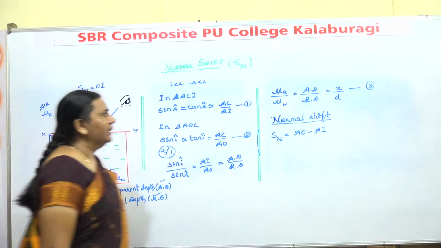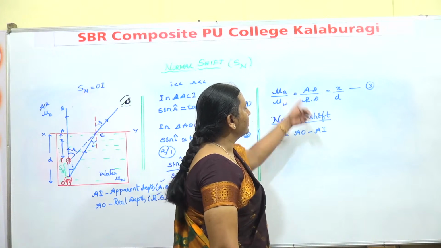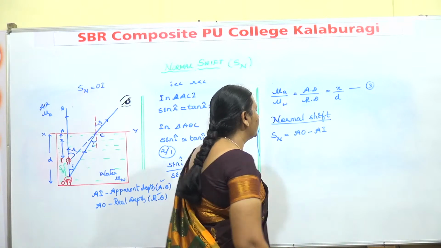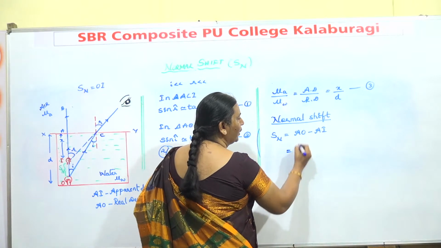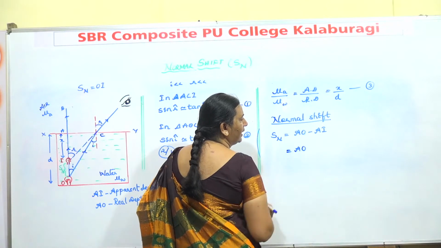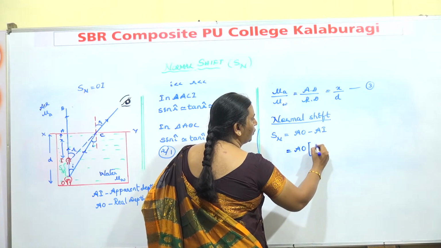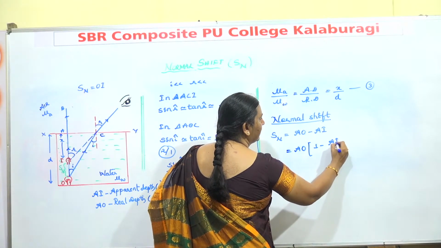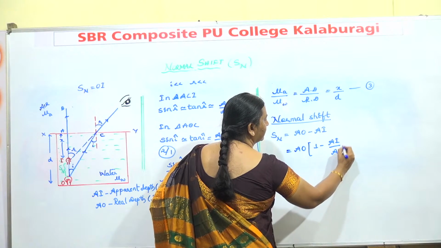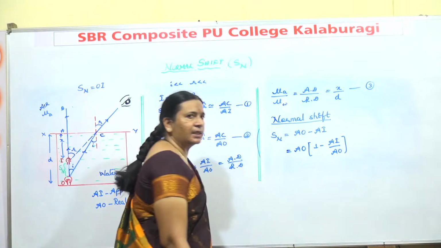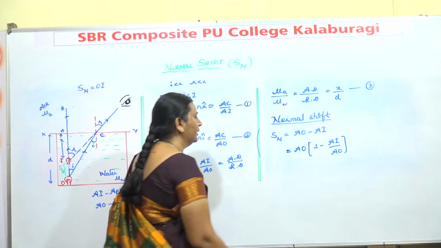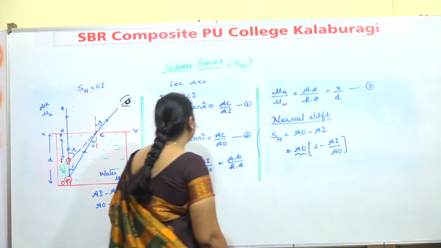Now let us try to express this in terms of this. Let's say I take AO common. If I take AO common, I can write 1 minus AI divided by AO. But what is AO, children?